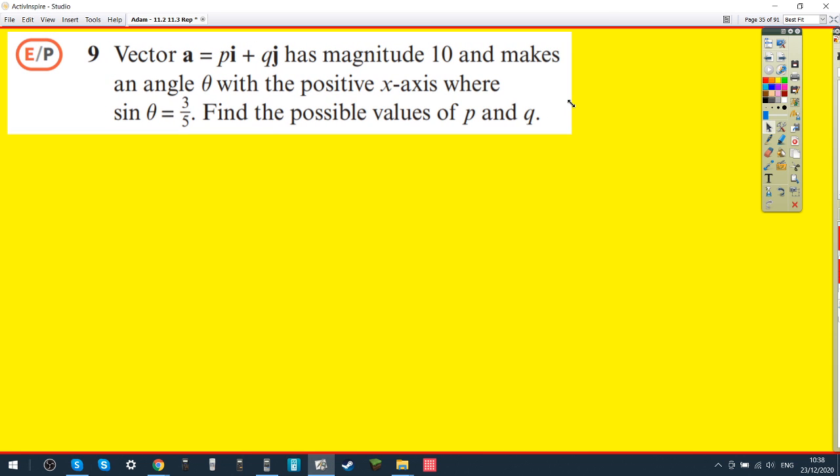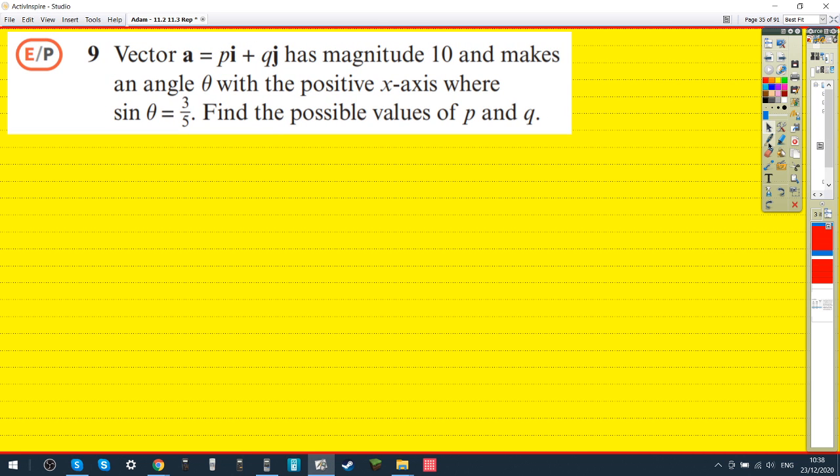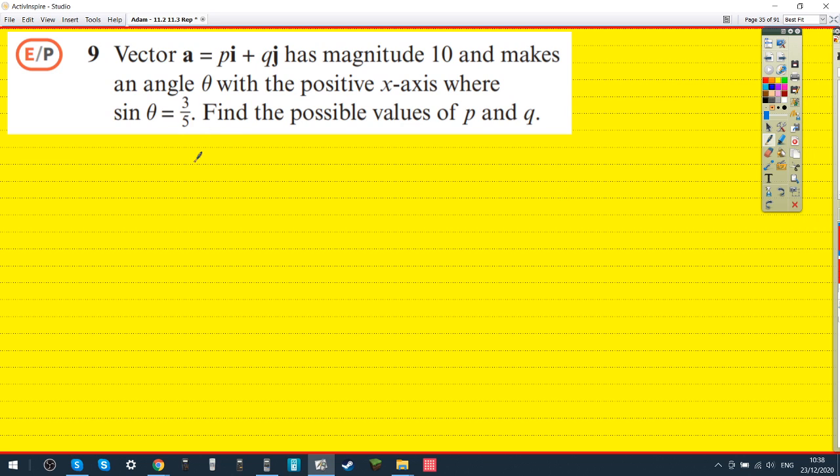Let's try this one. See what's going on. Magnitude of 10 makes an angle theta. So the angle will be in the bottom left with the positive x-axis.